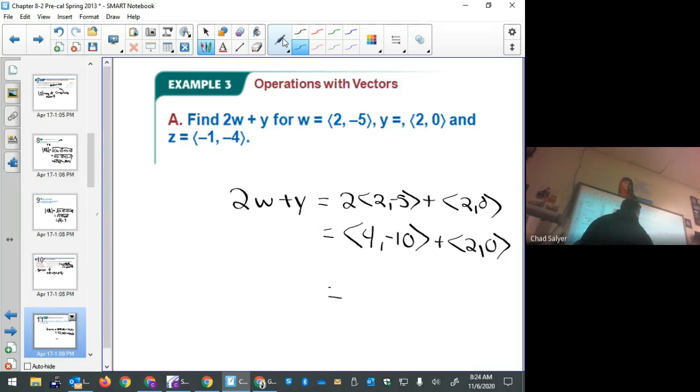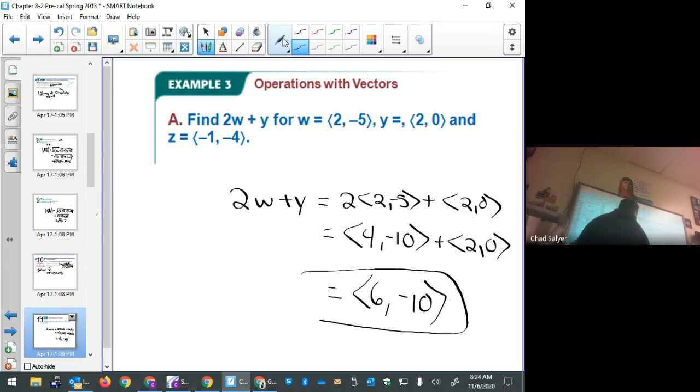Then we're going to add or subtract the corresponding components. In this case, add. 4 plus 2 is 6. Negative 10 plus 0 is negative 10. So 2w plus y is 6 comma negative 10 for the x and y components respectively.